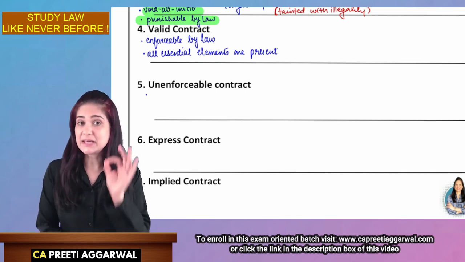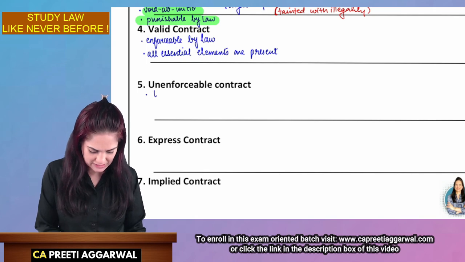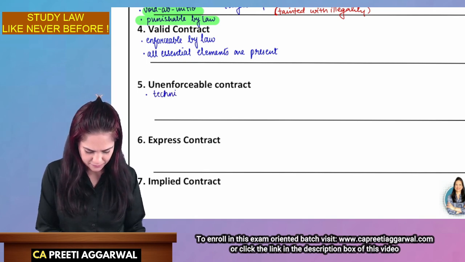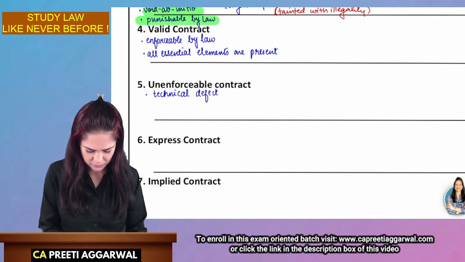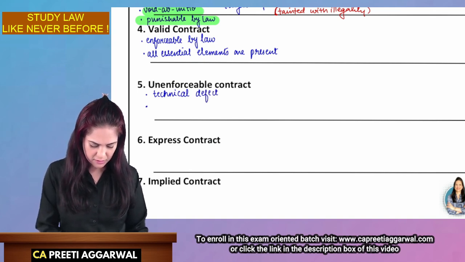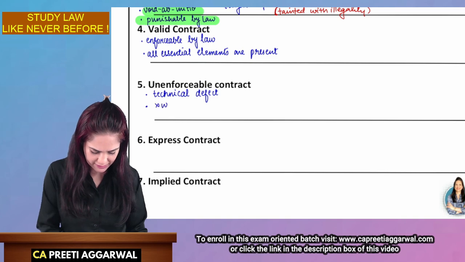So what are my keywords over here? There is some kind of technical defect. Like it is not in writing. There is no attestation.